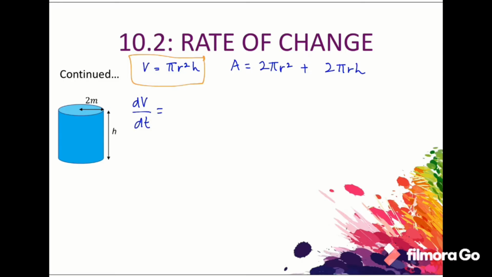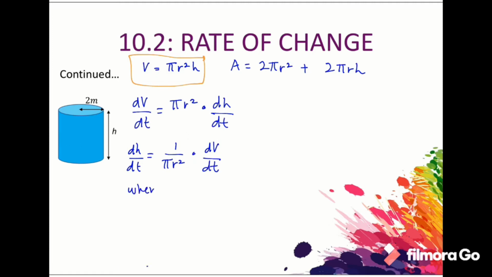So we get pi r squared times dh/dt. And then rearrange that, we get dh/dt equals 1 over pi r squared times dV/dt.